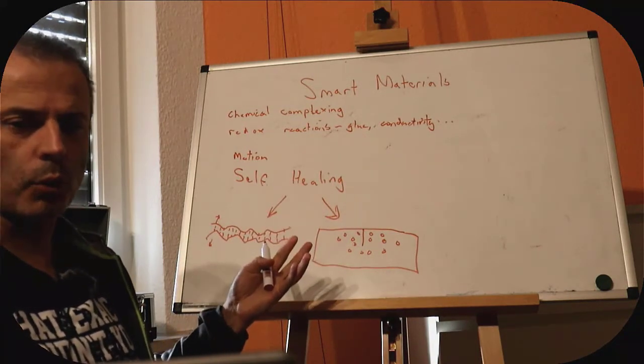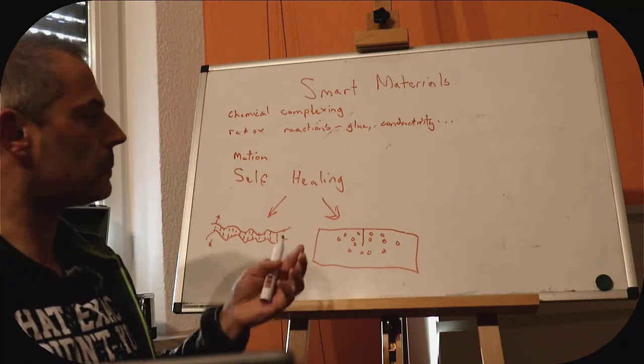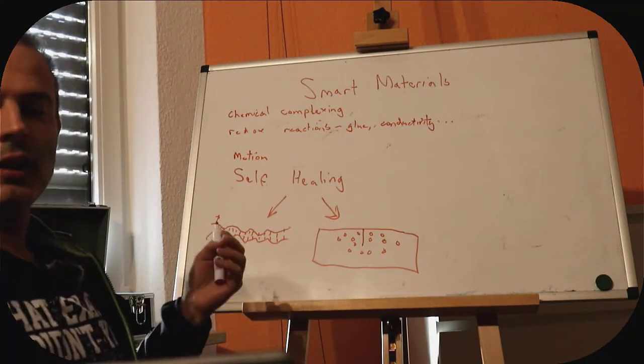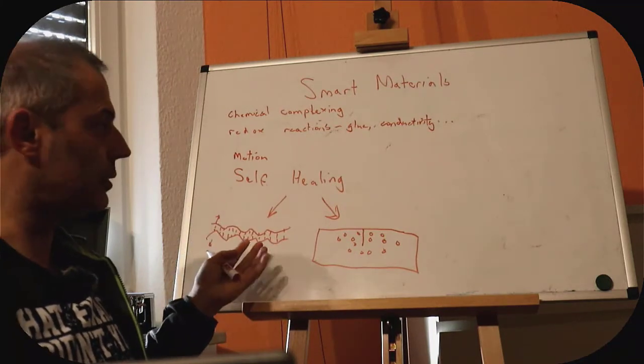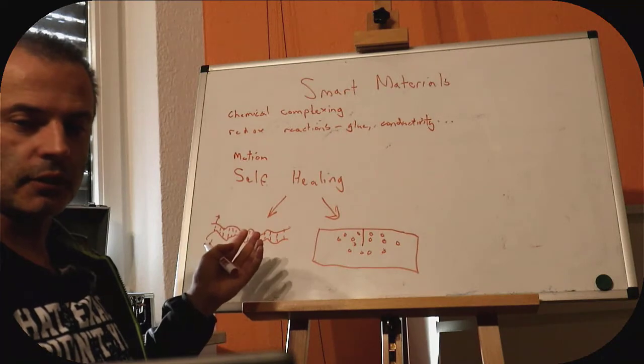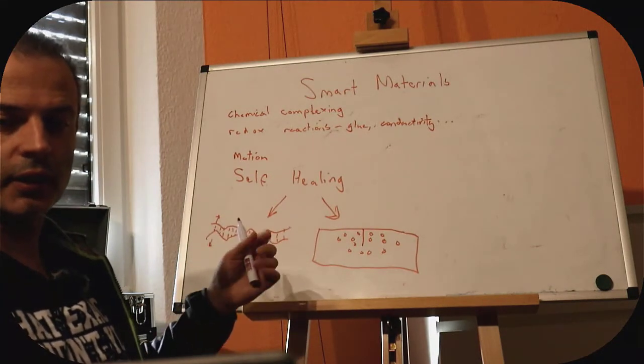And that's kind of the point. If it isn't as strong as it was before, then why do it? If we take this material, it's difficult to find an application for it because it's softer and not as cheap as a conventional material. So there are limits, but self-healing is an interesting topic as well.